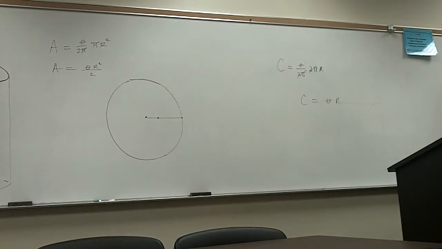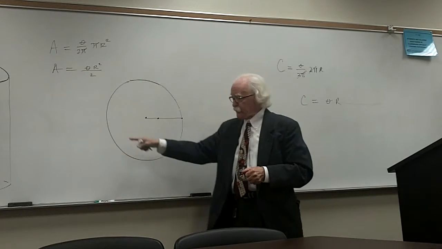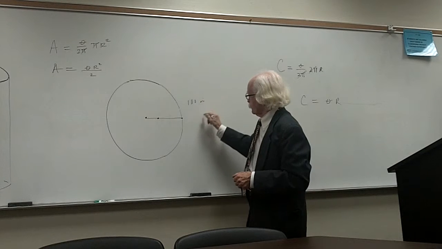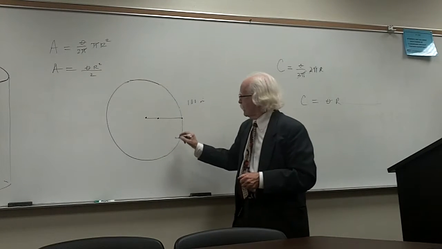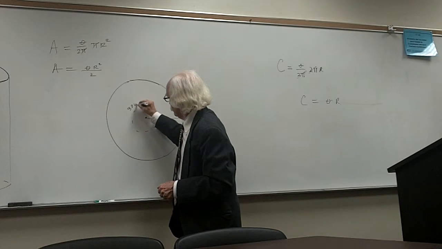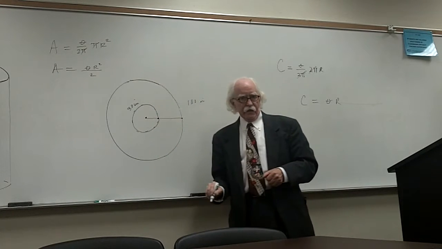You better listen to me carefully, because there's two ways to measure the velocity of that ladybug. You can measure the velocity of this ladybug by doing this. If this is, say, 100 inches all the way around, and suppose this one is only 30 inches around.